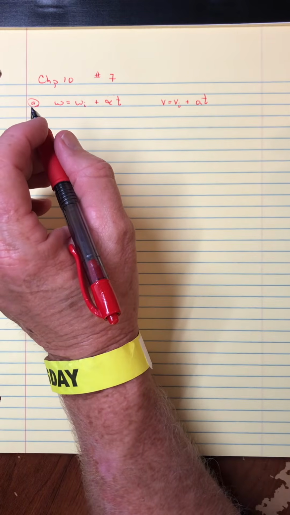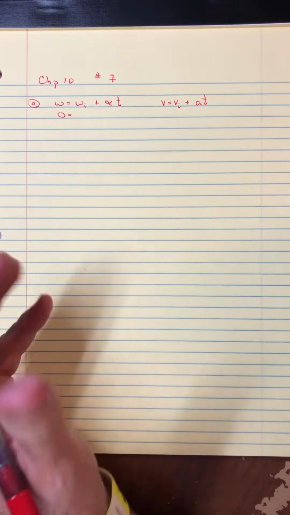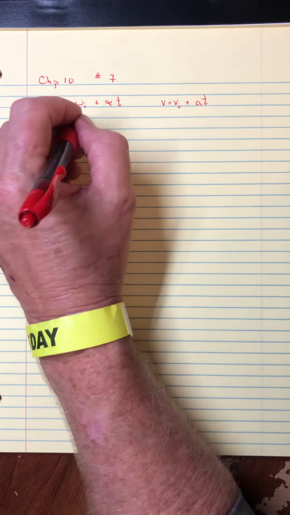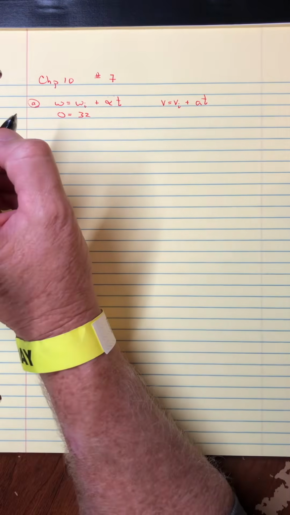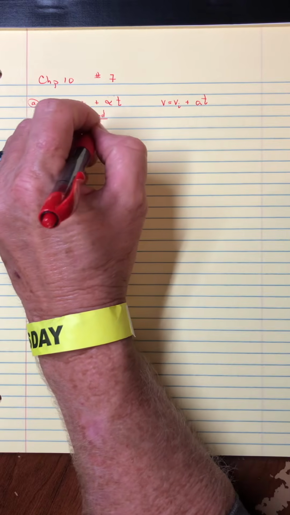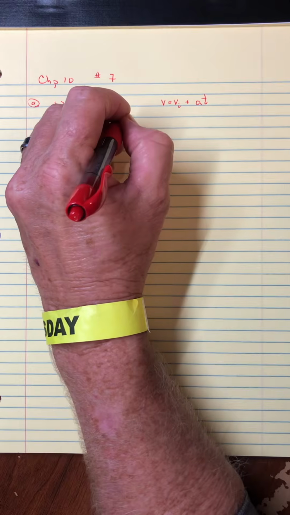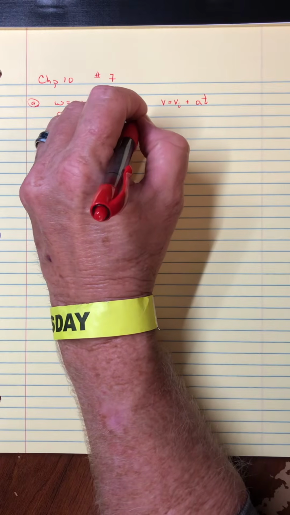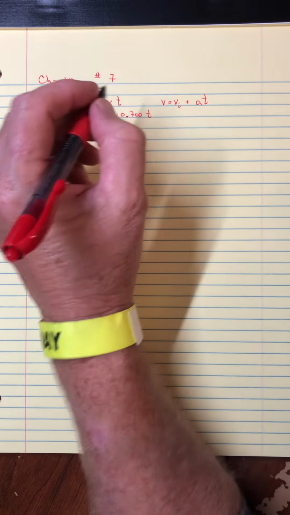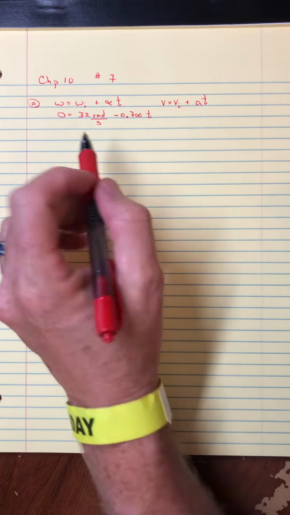Because you see, when it says how long does it take to come to rest, they've just said that the final speed is 0. And they made it very clear that the initial speed is 32 radians per second. The only thing that might make this first step a little challenging is the phrase when it says it is slowing down.